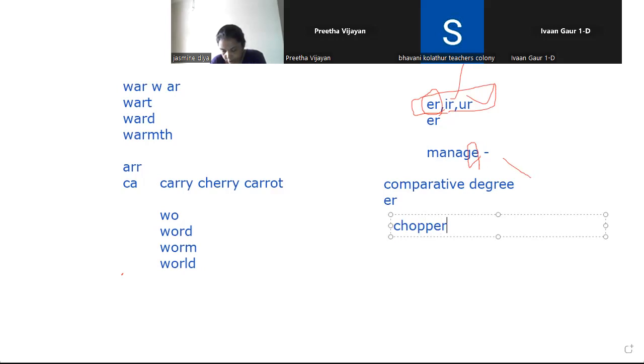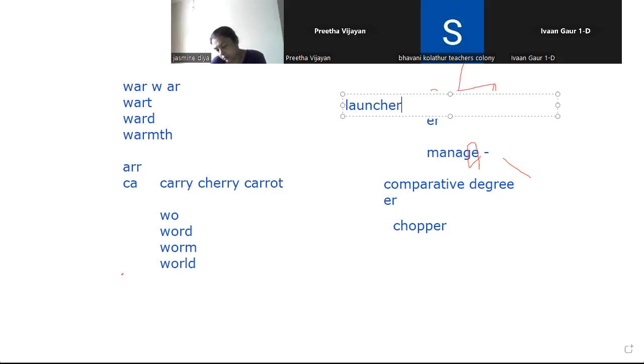ER is the most common suffix for sound. Producer. Why are we using ER in the word producer? E is already there. Avenger. And in the word launcher, why is it ER? It's an occupation.